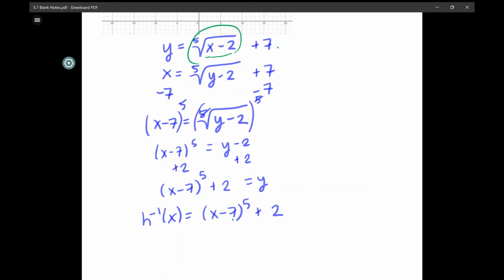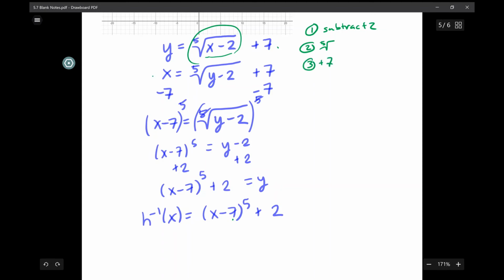Because up here, in the original function, if you put in a value for x, the first thing you would do would be subtract 2. The second thing you would do would be to take the fifth root. And the third thing you would do would be to add 7.